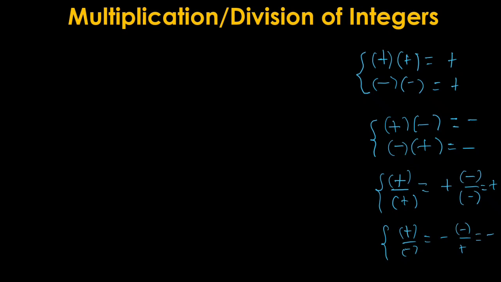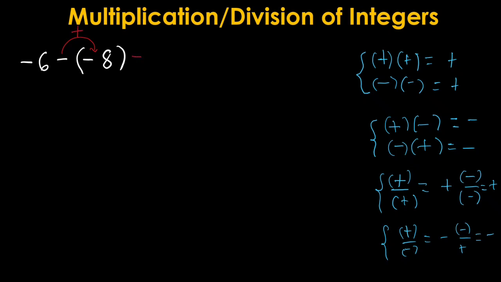Now, say for example, you have negative 6 minus negative 8. Now, here you have the parenthesis, meaning it's a multiplication. So what you're going to do first is to multiply the sign. So negative times negative is positive.